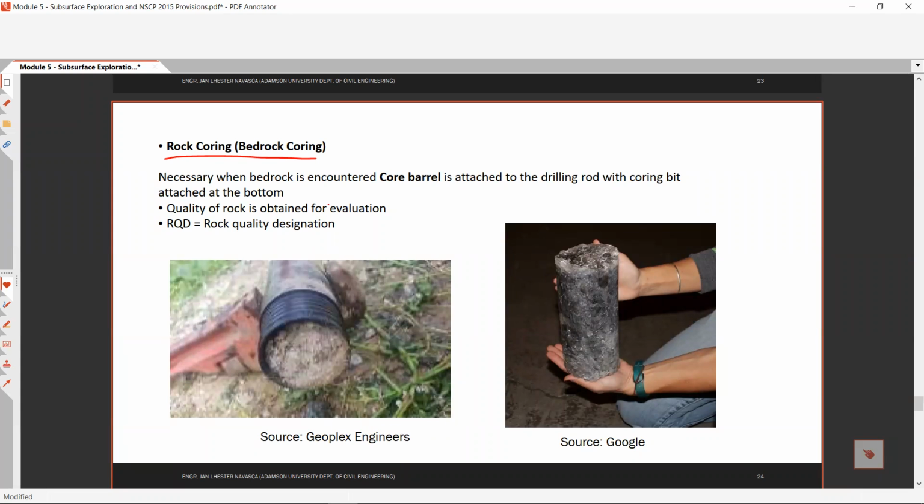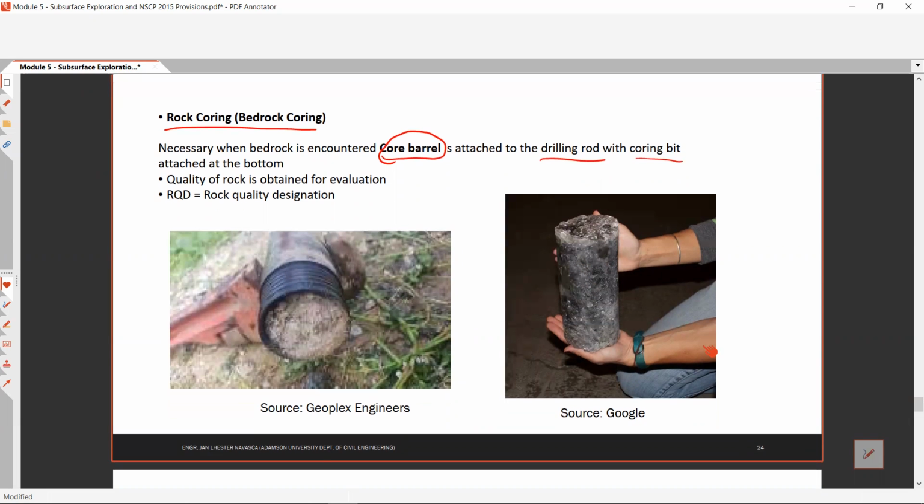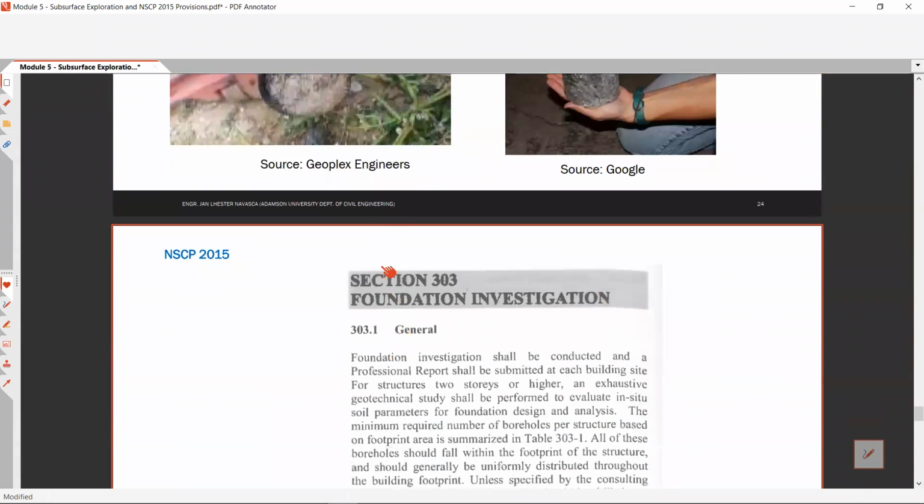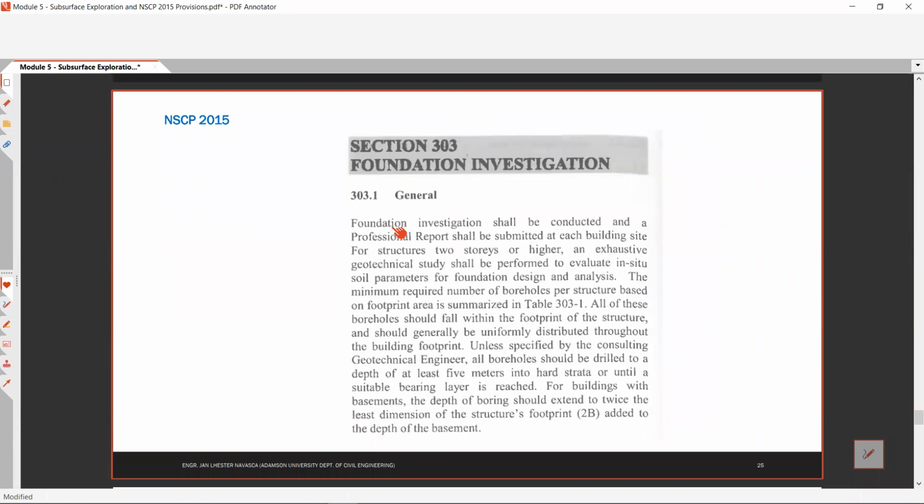So if necessary, when bedrock is encountered, you can use this core barrel that is attached to the drilling rod, using the coring bit attached to the bottom of your test boring machine. Okay, so the quality of the rock is obtained for evaluation and for rock quality designation.